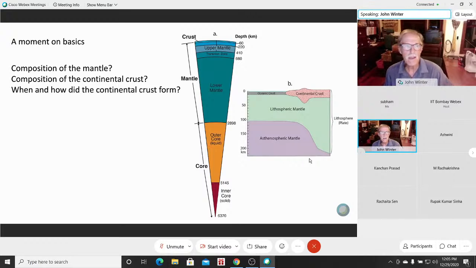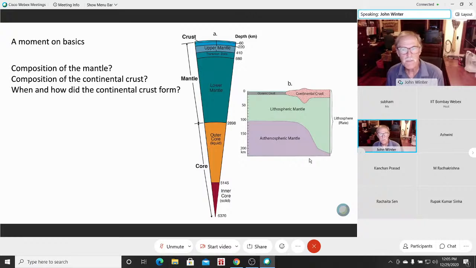That was a pretty dramatic event during the very early stages of the planet's development. But the continental crust did not form as a sort of second silicate scum on the top, at least not very much of it. The continental crust has been forming slowly and accumulating for a long time.